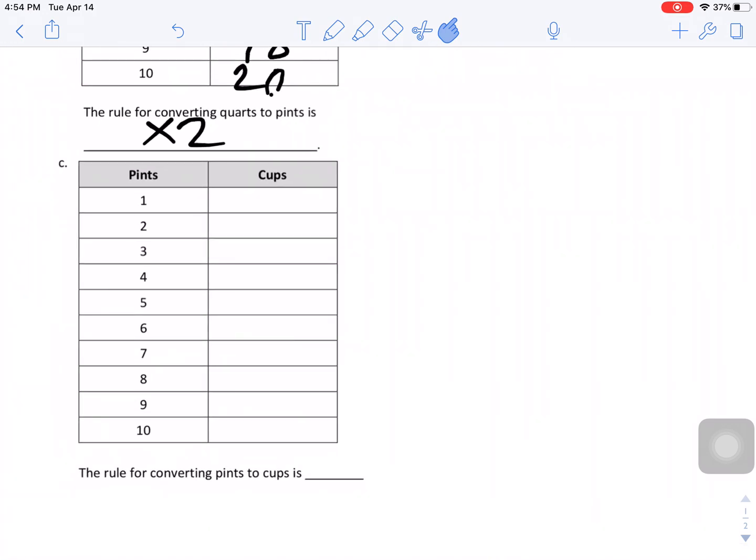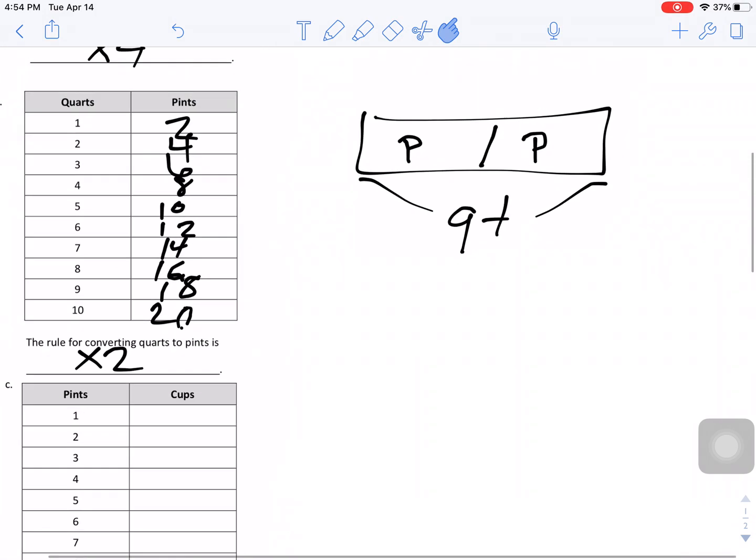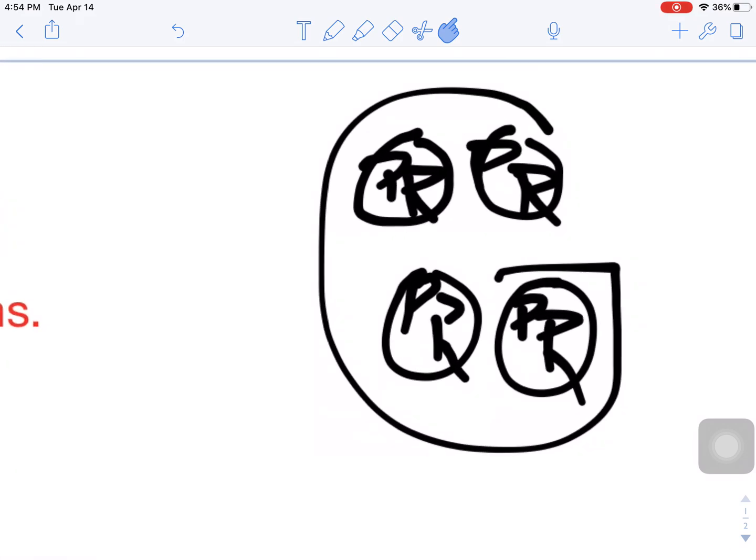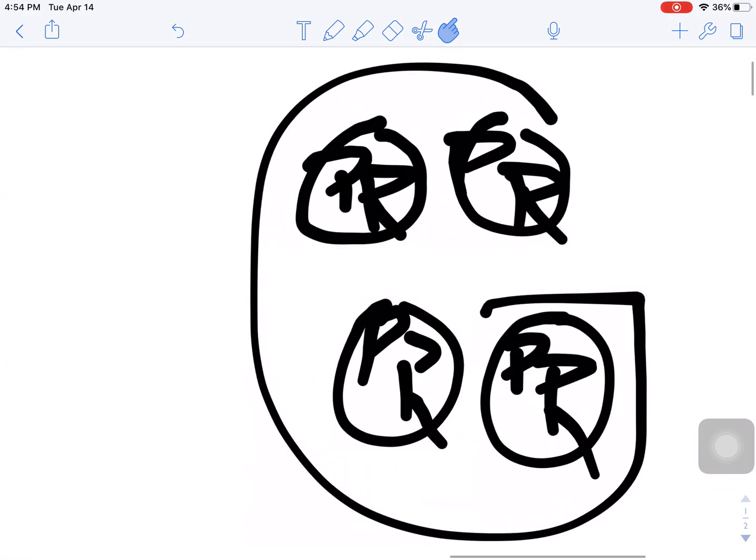Then we have pints to cups. And if I wanted to continue my story about Gallon Castle, I have a really cute PowerPoint that I do with it. But each pint-sized prince and princess, they get bored in the castle. If I showed you the story, their queen mother lets them get cats, and they don't want to just get 1 cat because the cat needs a friend.